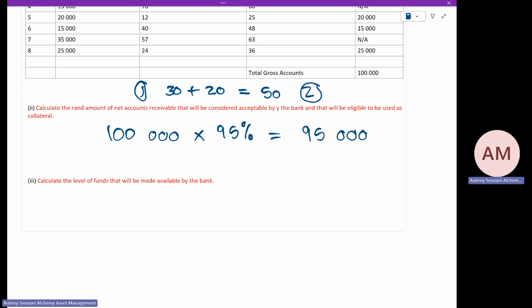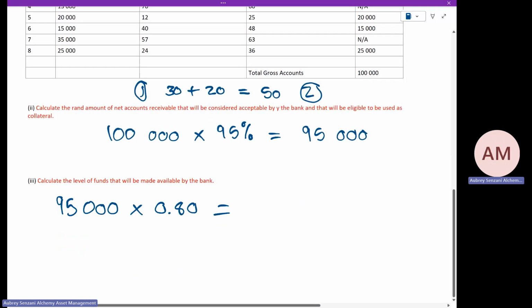Okay. Then the last bit, they're then saying, calculate the level of funds that will be made available by the bank. Okay. The bank said they would fund how much? 80% of the collateral, isn't it? So this collateral, this acceptable collateral, times what? 0.80, which then gives us how much?